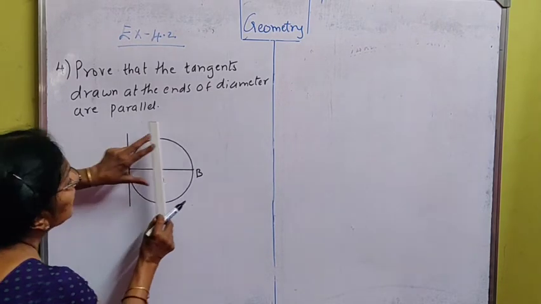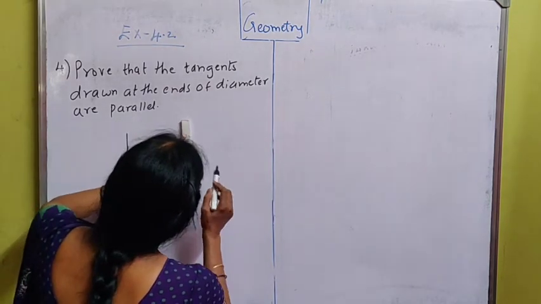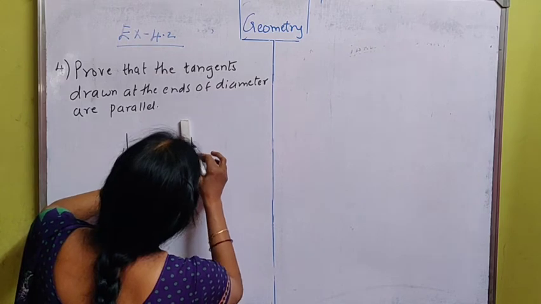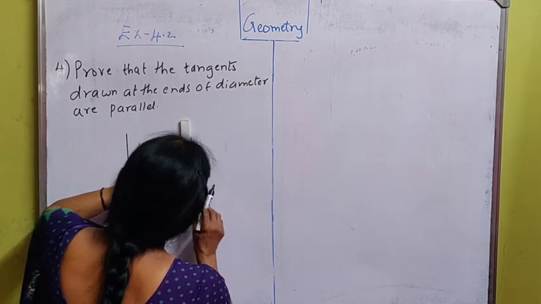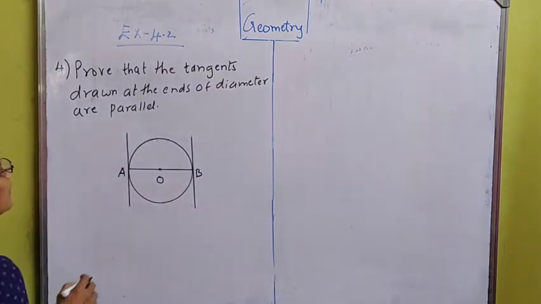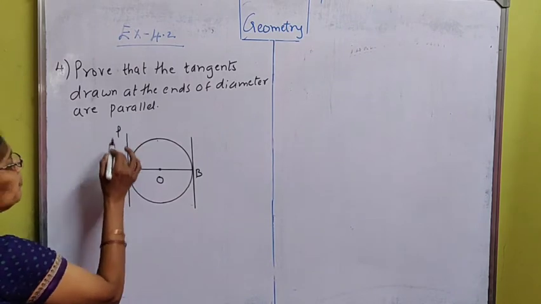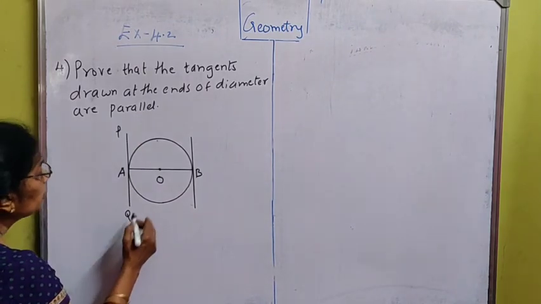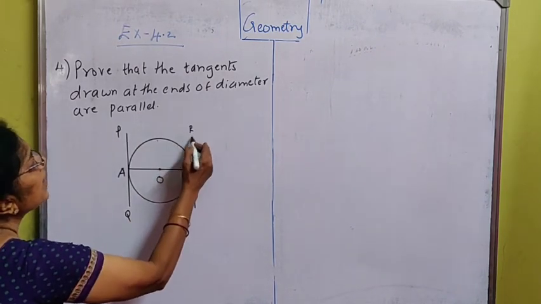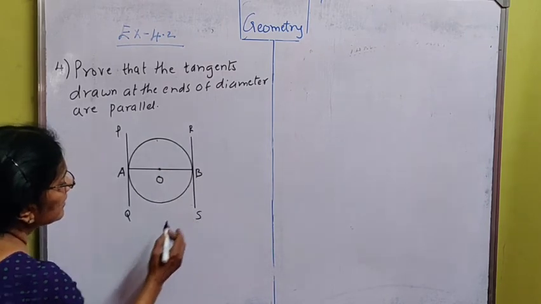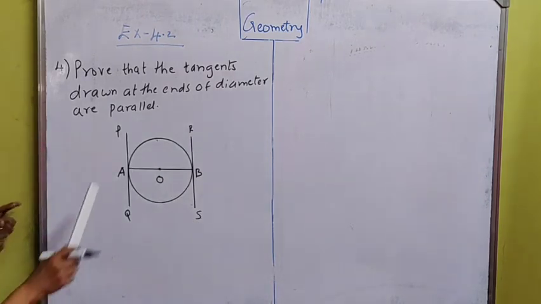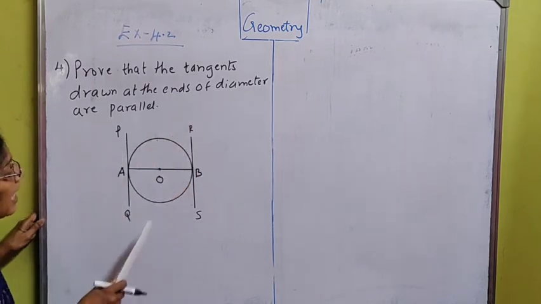So one tangent and two tangents. Let this tangent be PQ. Let this tangent be RS. So A and B are the end points of the diameter.